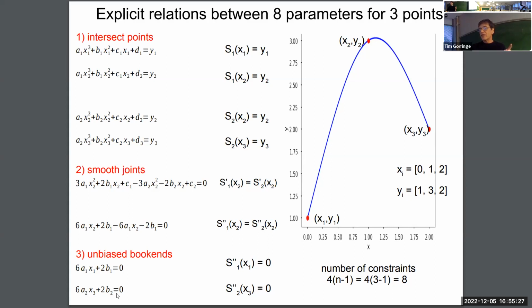And the second equation in this category is, again, taking the second order differential of this polynomial and setting that equal to 0, because we want no curvature of this polynomial at this location either. And so this is basically our 8 equations that provide the 8 constraints to determine the 8 parameters of the 2 cubic functions that we're interpolating these 3 data points with.